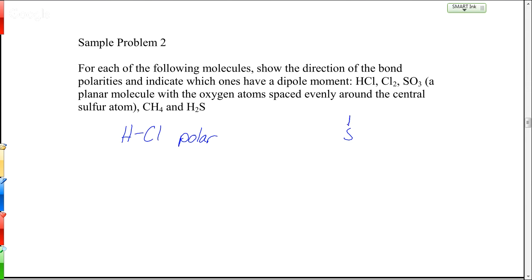So that would be something like this. And actually we often draw this, even though it's not necessarily correct, with double bonds. We'll talk later in the chapter about why that may be correct or not.